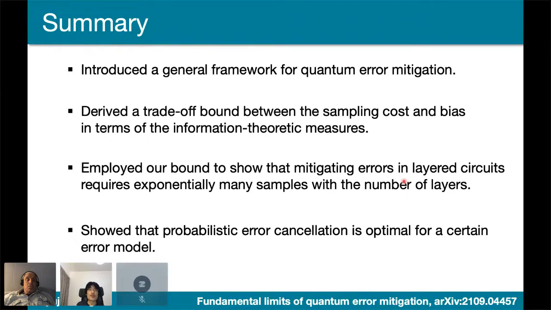We used our bounds to show that error mitigation in layered circuits, such as in variational quantum eigensolvers, requires exponentially many samples with the number of layers. And using this, we showed that the probabilistic error cancellation is optimal for a certain error model.